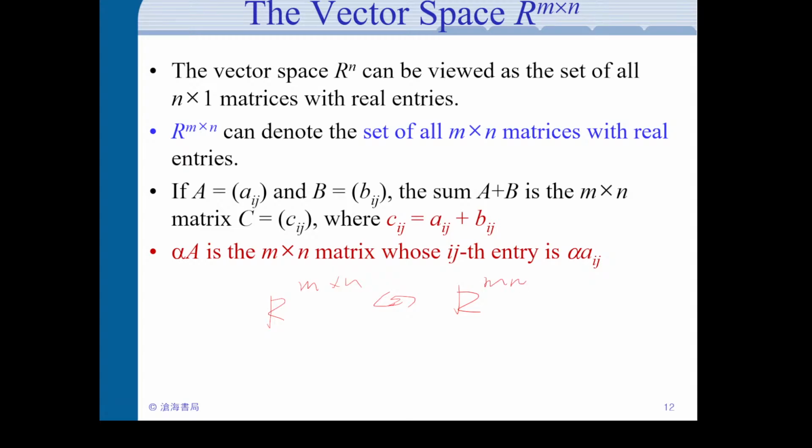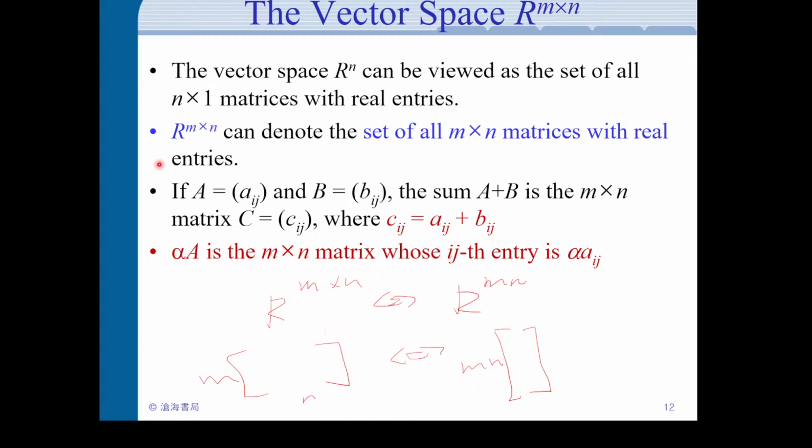Something in m times n is coefficients put in a block, but you can just rearrange them into a really long vector with length mn. So with this definition, R^(m times n) is really, I guess, homomorphic to Rmn. Okay, where I didn't define what's homomorphic, but you just think there is some one-to-one correspondence.